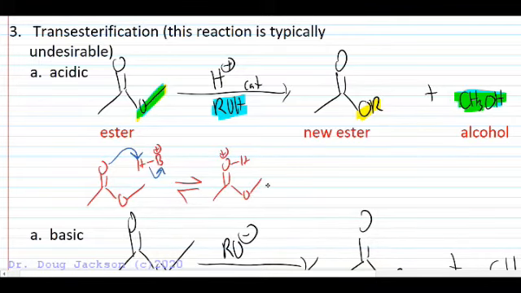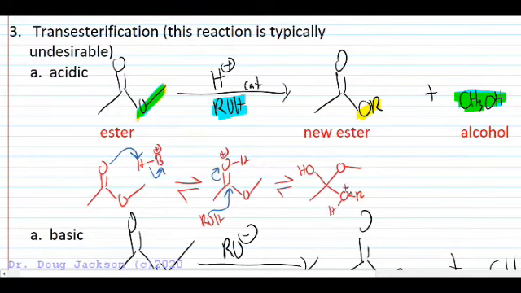Now, protonated, we have a good electrophile, so even a weak nucleophile like an alcohol, neutral alcohol, can add to this. So we form a tetrahedral intermediate. Our methyl ester is now a methoxy group, and we have a protonated alcohol that we just added that's currently our best leaving group.